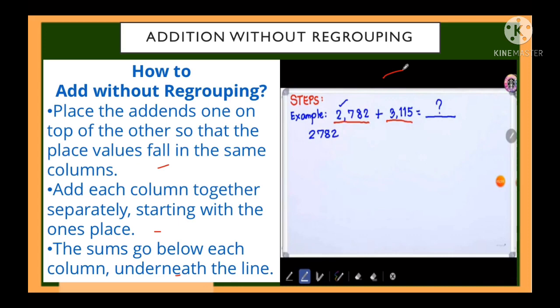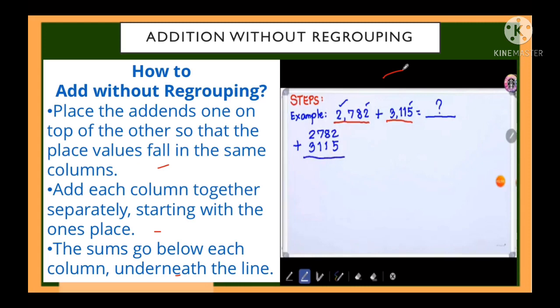This is our ones place and ones place, so they must be on the same place value. So I will put here 5, next would be 1, and then the 3. And don't forget the add symbol on this side, and of course the equal symbol here.